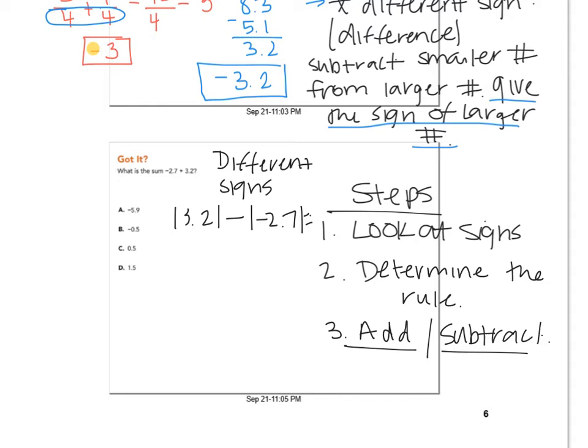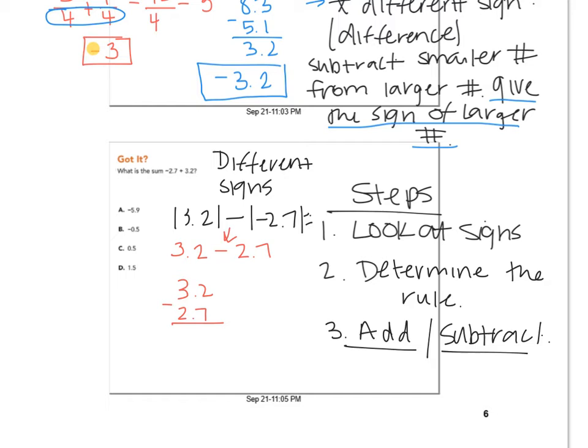Now, I rewrote this because the larger absolute value needs to come first. You're subtracting the smaller number from the larger number. So the absolute value of 3.2 is just 3.2. And the absolute value of 2.7 is just going to be 2.7. You're going to bring down your subtraction sign. So I rewrite it so they're stacked on top of each other. I find this easier when you're dealing with decimals.